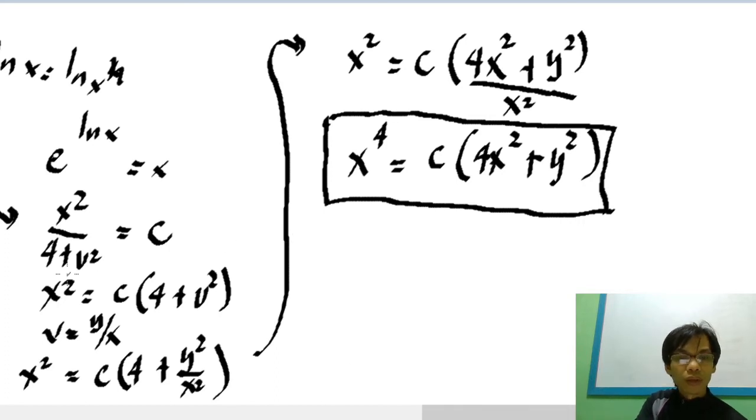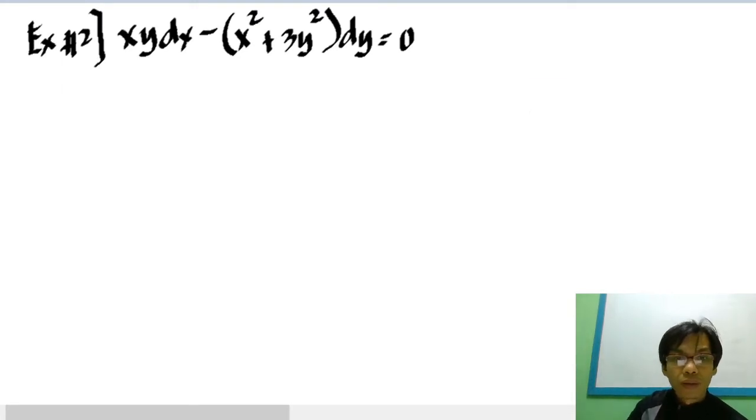Let's take a look at the other problem. If we have here 2y dx minus the quantity x squared plus 3y squared dy is equal to 0. So the first thing we have to do again is, can the variables be separated?